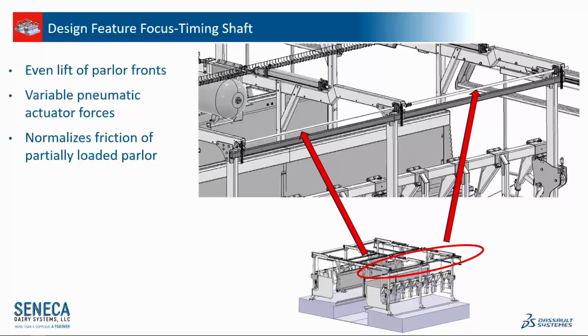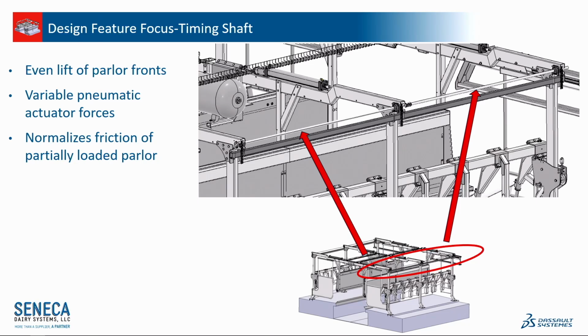Well, that's all good and grand, and there's different ways that people do this. The solution that we're currently using to help lift it evenly is we have a shaft that runs the whole length of the parlor. And there's different things related to the variances in the pneumatic actuator.